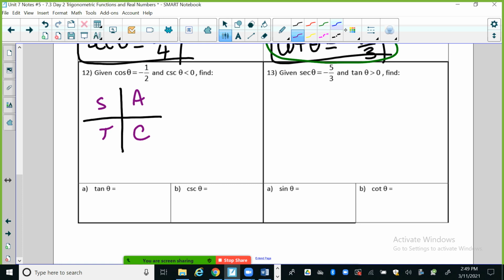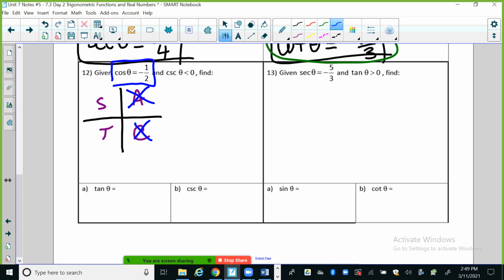I know cosine is negative in quadrants 2 and 3. So it cannot be in quadrant 1 because all of them are positive in quadrant 1. And my angle can't be in quadrant 4 because cosine's positive in quadrant 4.